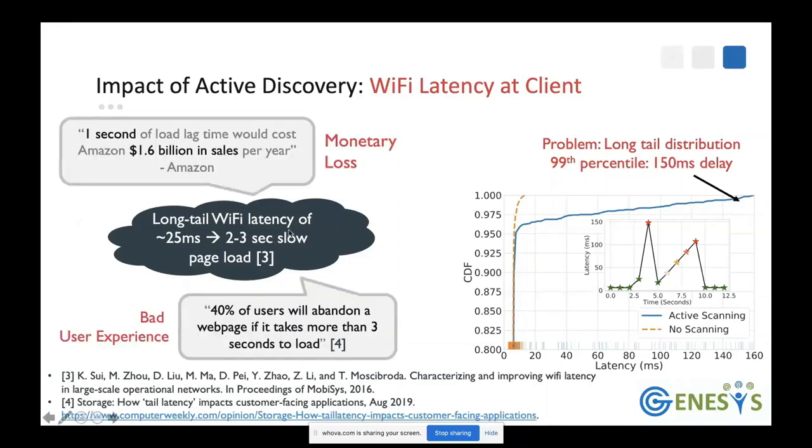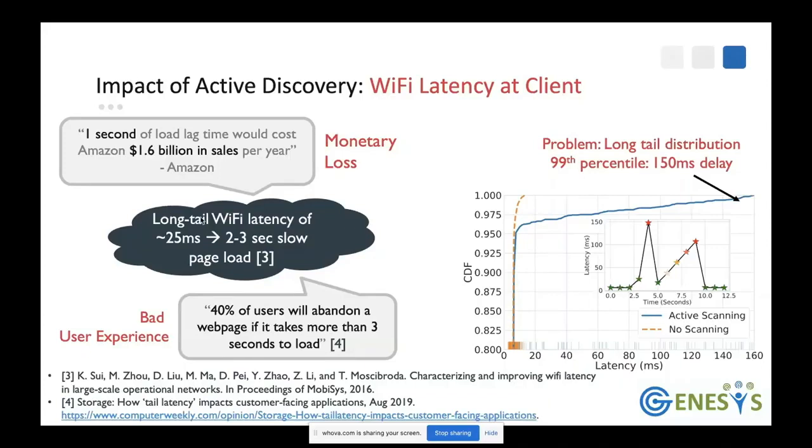This kind of page load delay is very bad for the customer. If there are websites which are very slow to load, we will simply not use those websites. Also, for companies like Amazon and Facebook, there is a monetary loss, so this is an important issue for them as well.